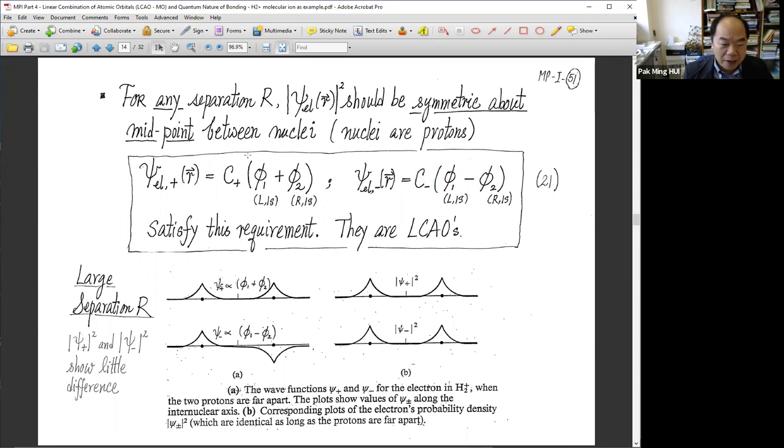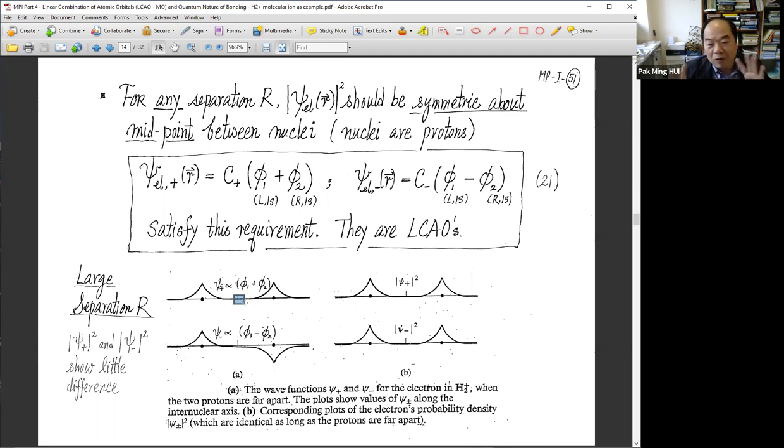So you see, one is a symmetric kind of linear combination. By that I mean I'm referring to the midpoint between the two nuclei, and actually it is an inversion. It is a 3D problem, so what I refer to is symmetric or even or odd, okay?